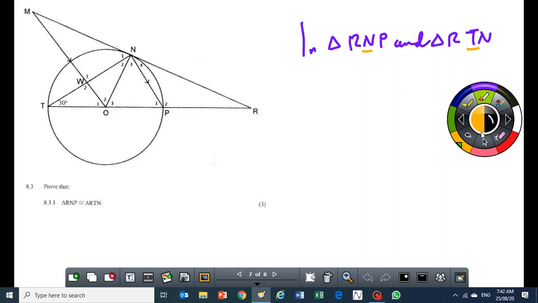We have got two triangles, that's R, N, and P, that's the triangle there, and we have got RTN.